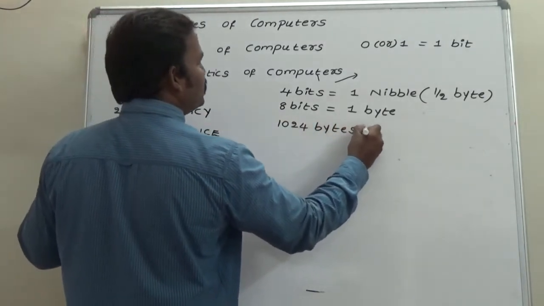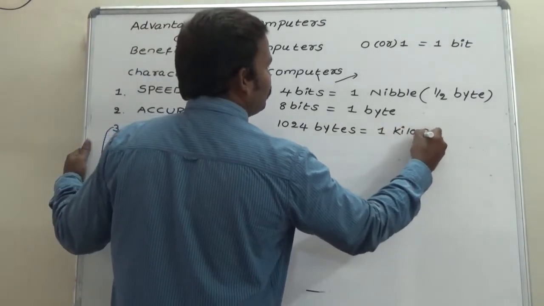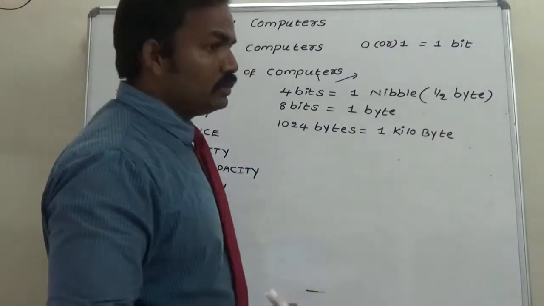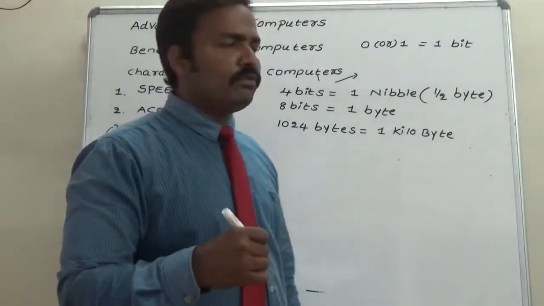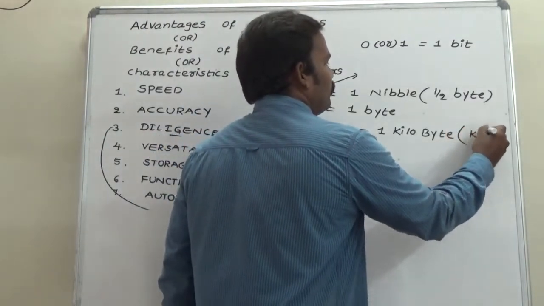Next, 1024 bytes is equal to 1 kilobyte, in short KB.